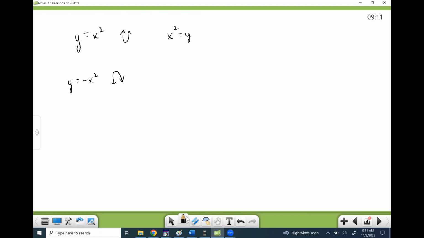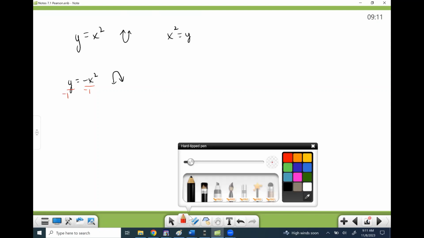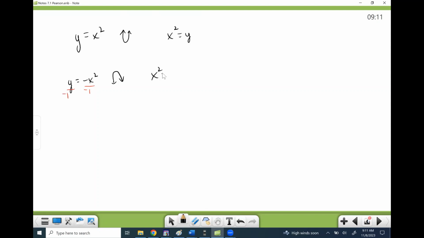If I isolate the squared term over here, I'd have to divide the -1 out. So we would end up with x squared equaling -y. So in this section, I'm going to say, if x squared equals a positive, it's going to open up. If x squared equals a negative, it's going to open down.